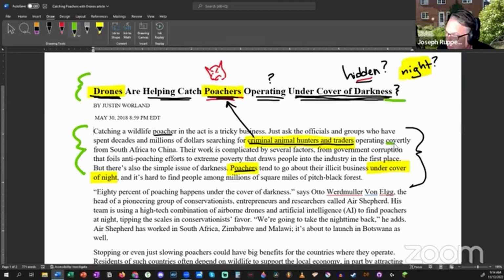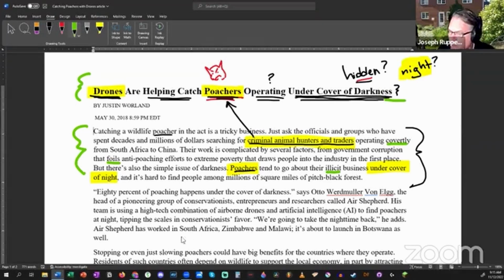Covertly is a word I want to look at. Foils, an interesting word here. Extreme poverty, in the first place, simple issue of darkness, and illicit. Pitch black forest. Okay, so these three words I want to focus on: covertly, foils, and illicit.